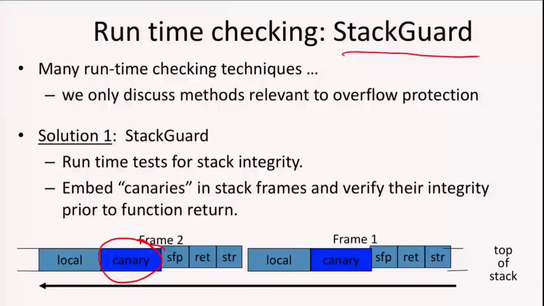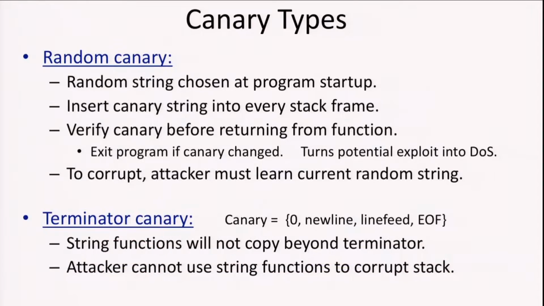Therefore, canaries are put into the stack frame for every function call, and this is done by modifying the compiler. There are two types of canaries: one is called a random canary, another is a terminator canary. In the random canary case, you choose a random string at the startup of your program and then use that canary string in the stack frame.